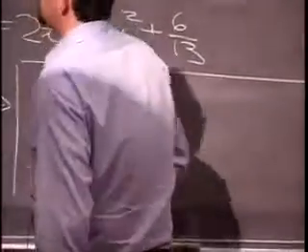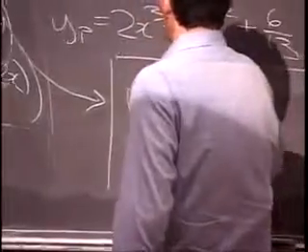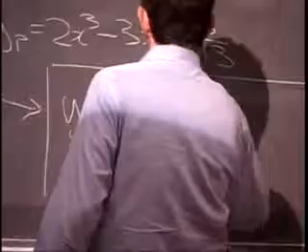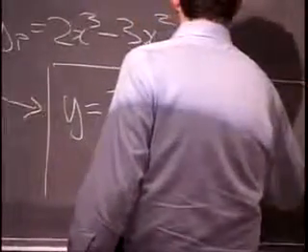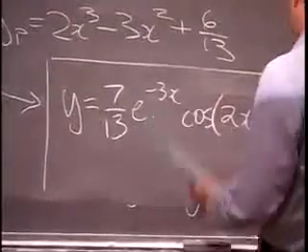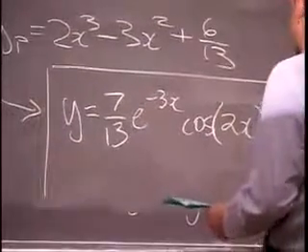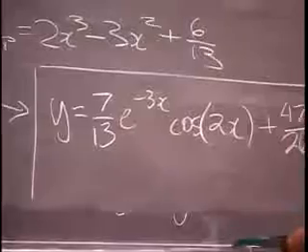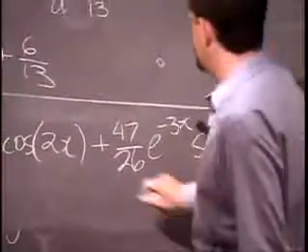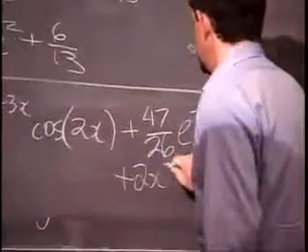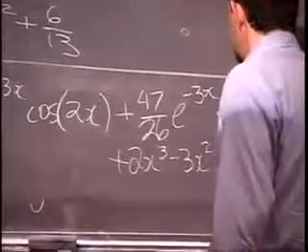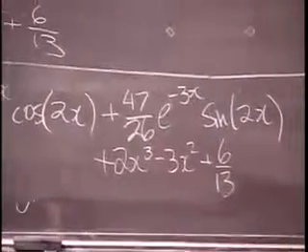Y equals a is 7/13, 7/13 e to the minus 3x cosine 2x plus b, yes, 47/26 e to the minus 3x sine 2x plus 2x cubed minus 3x squared plus 6/13. And that is the solution.